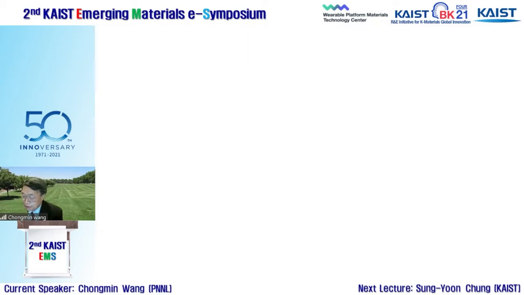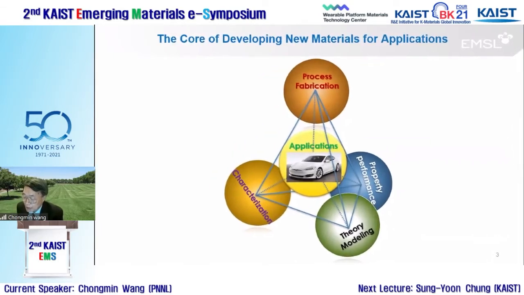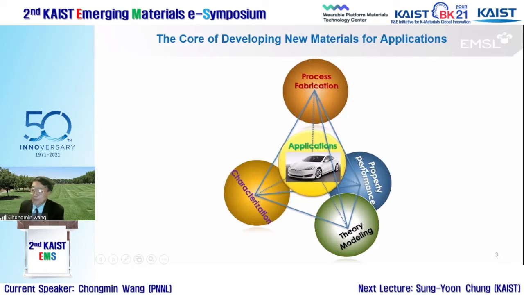In my research philosophy, I see several things come together: processing or fabrication of materials, characterization, theory and modeling, and property performance. These four corners support materials applications, and it is similar for batteries.